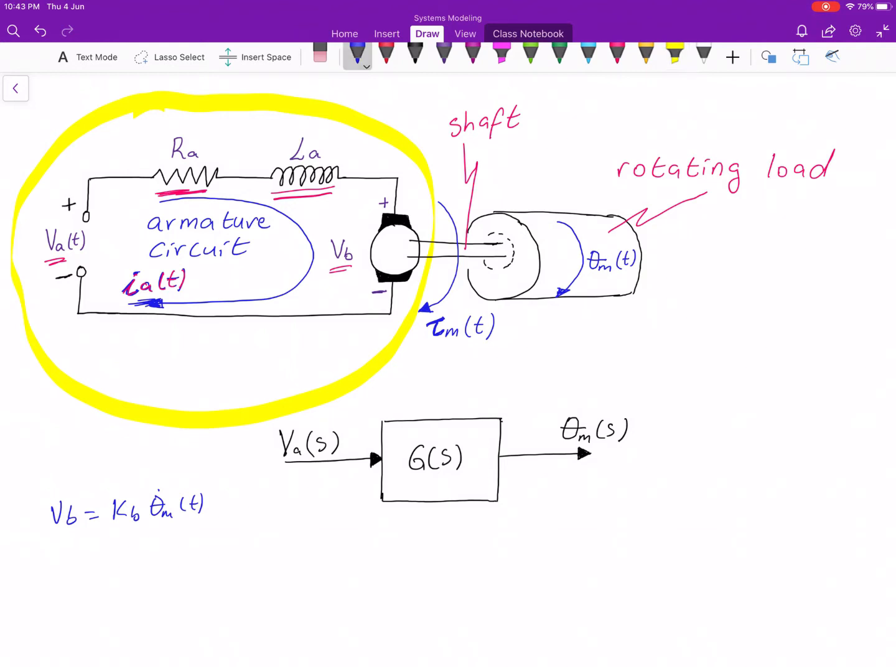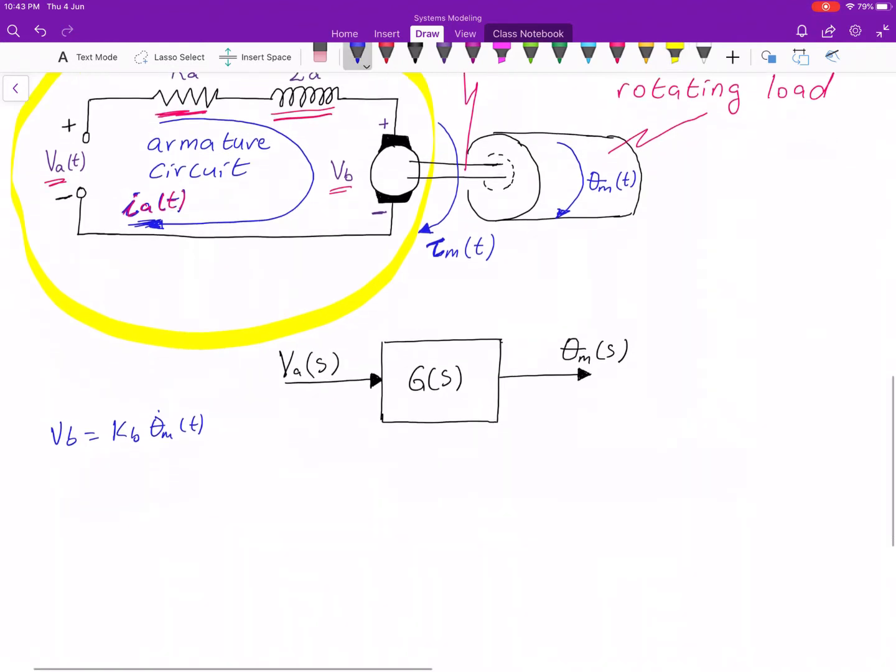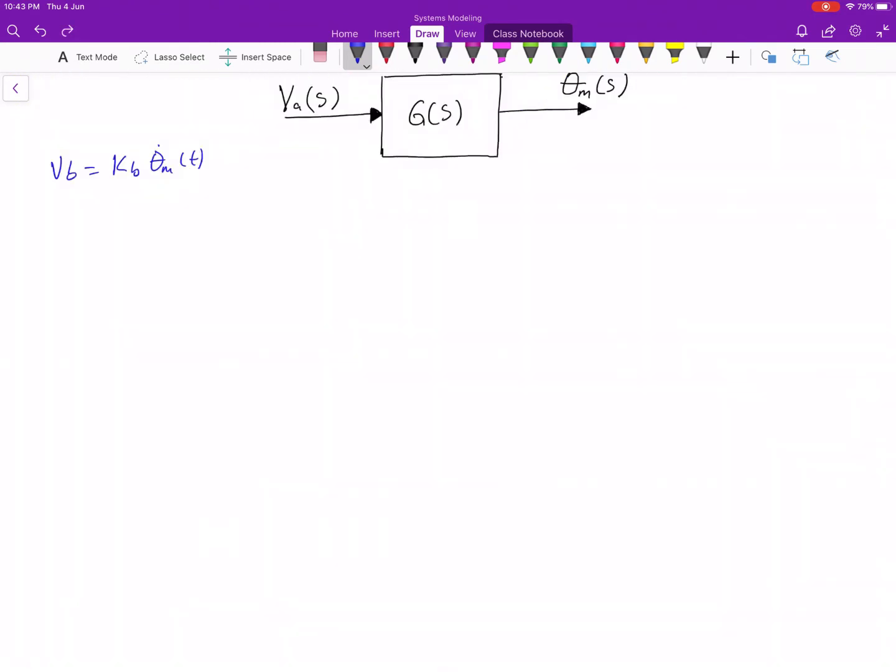And I'm going to write the loop equation below here. So what we have is the supply voltage from Kirchhoff's voltage law. Let me state the Kirchhoff voltage law first. Kirchhoff voltage law says that the sum of all the voltages should be equal to 0.